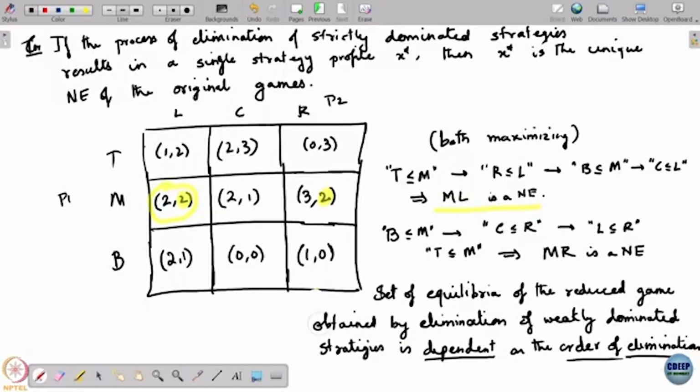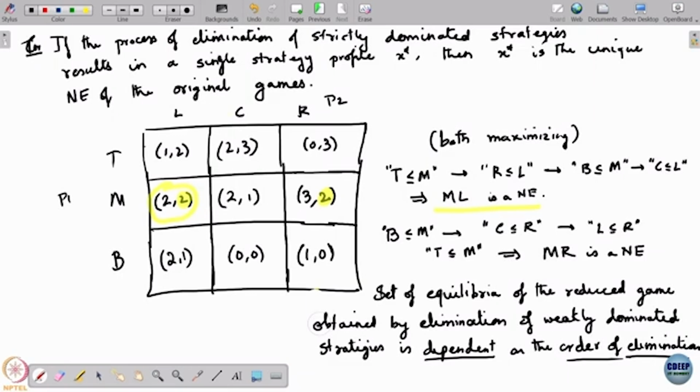So, what this has basically done is it has helped us in certain types of problems wherever this process converges to eventually one unique strategy profile. In that case, we have through a logical elimination solved for the solution of the game, and it turns out that it coincides with the Nash equilibrium itself. Okay.